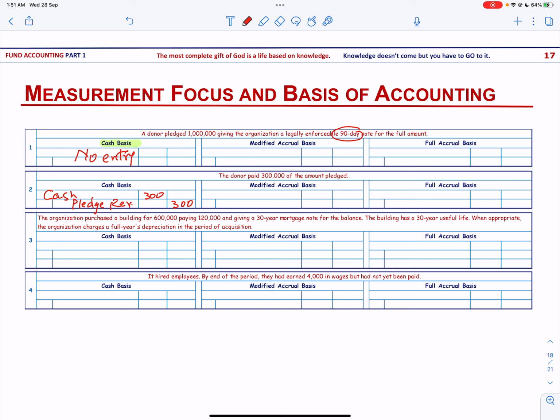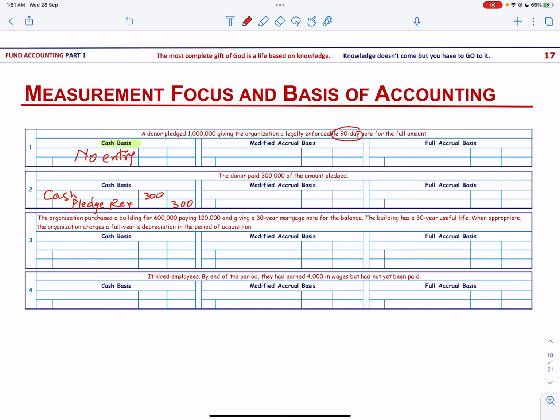Then the organization purchased a building for 600,000, paying 120,000 and giving a 30-year mortgage note for the balance. The building has a 30-year useful life. When appropriate, the organization charges a full year depreciation in the period of acquisition. So under the cash basis, since the focus is only on cash and not on long-term assets, building cannot be debit.